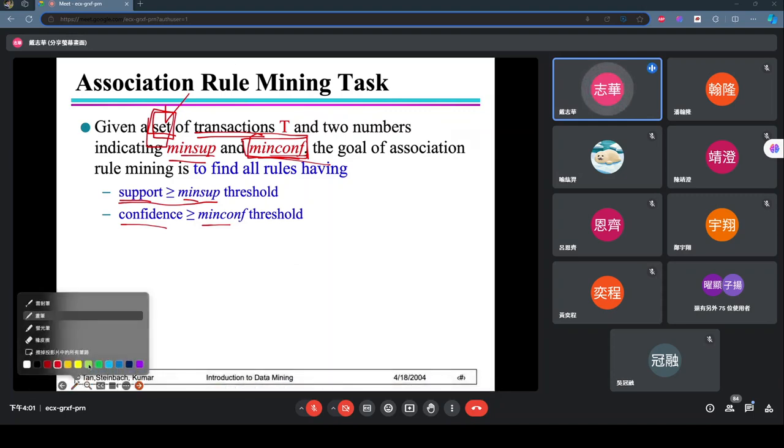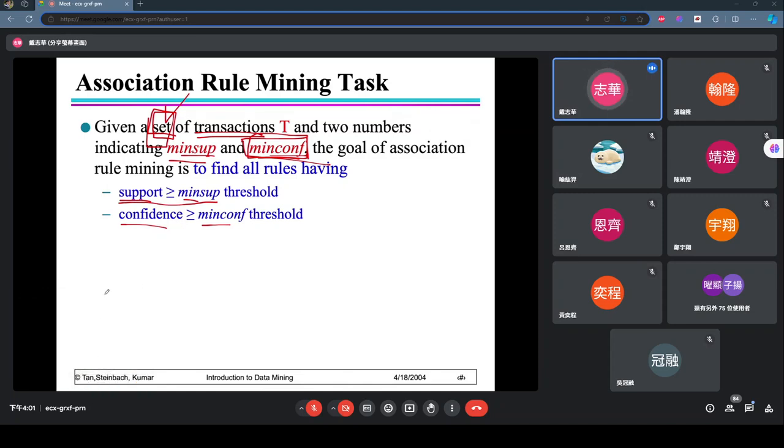But if you want to do frequent pattern mining, just pattern mining, then you could ignore the confidence part. You just need a set of transactions and one number indicating the minimum support. Here we do not find all rules, we find all patterns.